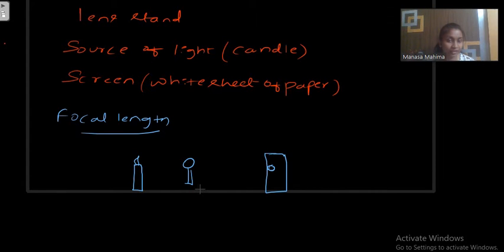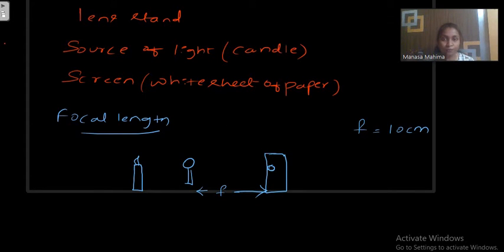Then the distance that we measure between the lens and the screen gives the focal length. For example, if I take that as 10 centimeter, we need to mark that down.